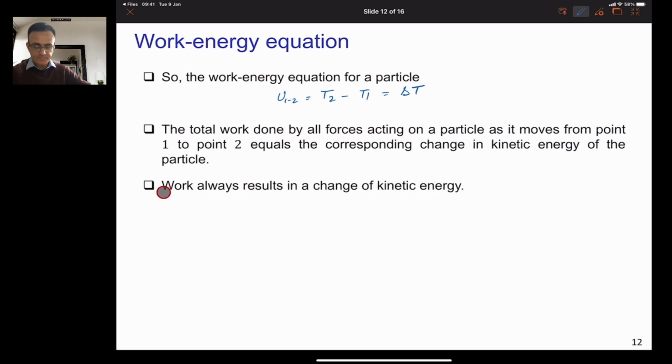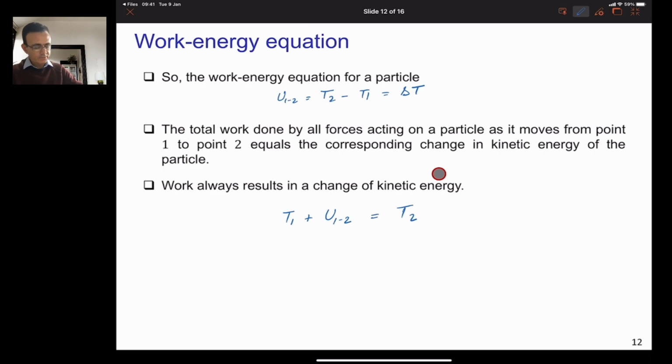Now work always results in a change of kinetic energy, so you can also write this equation in this form: if you move this T1 to this side, it becomes T1 plus U12 equal to T2. So the initial kinetic energy plus the work done on the particle is equal to the final kinetic energy of the particle.